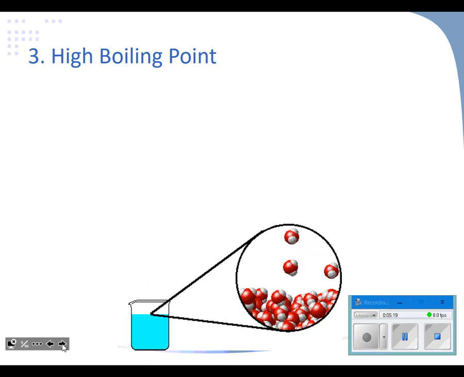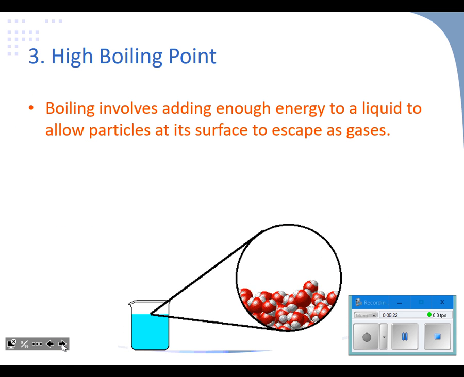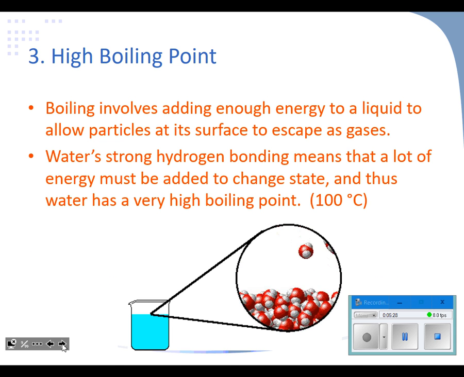Now also it has a high boiling point, and boiling involves adding enough energy to make it change from a liquid to a gas. Okay, and so water's strong hydrogen bonds mean it takes a lot of energy to break those hydrogen bonds so those individual molecules can become a gas.